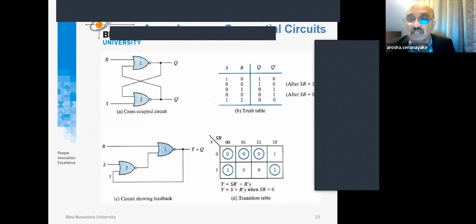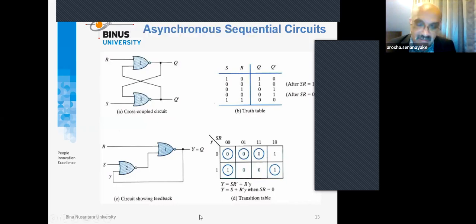Usually sometimes people call it set and reset. So then set and reset. So then in this case, you can see that this set reset or SR circuit is drawn using NOR, NOR. So then, of course, we can get the truth table.